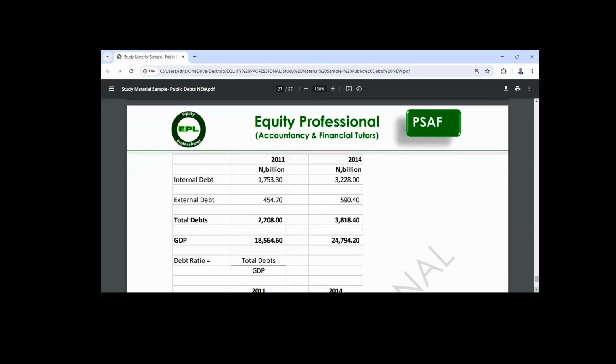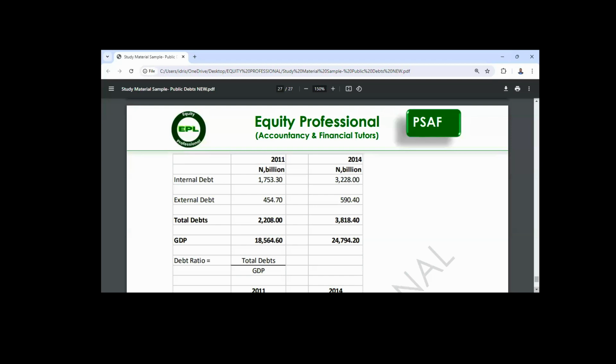And we know the GDP for each year. The gross domestic product for 2011 is 18,564.60, while for 2014 it is 24,794.20.